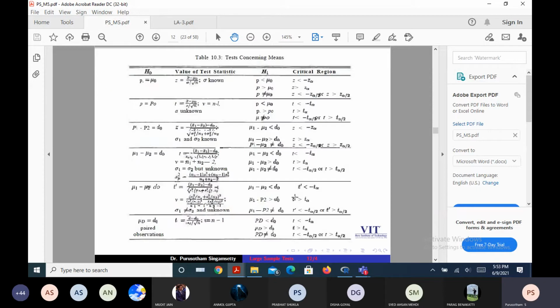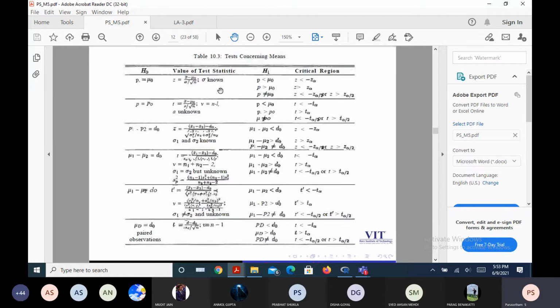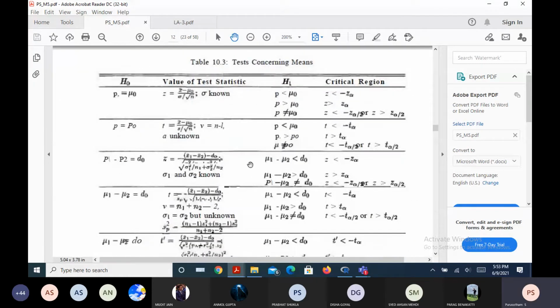Okay, so let me go and answer. Now see that this is the critical region, this is the alternative hypothesis, this is the null hypothesis. Now you have single sample mean; is the population standard deviation known or unknown in this given question?